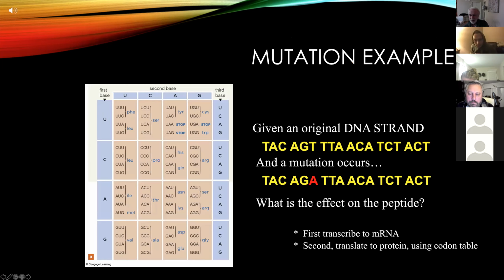So let's take a couple of examples of how mutation works. Here's an example, an original DNA strand. And in the yellow, you see the sequence, TACAGT, and so on. Then suppose a mutation occurs so that this T in the original strand becomes an A in the mutant.